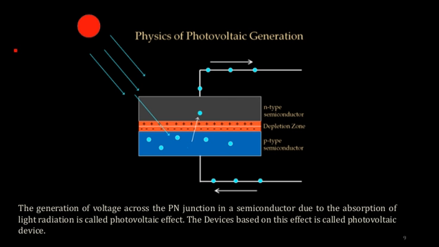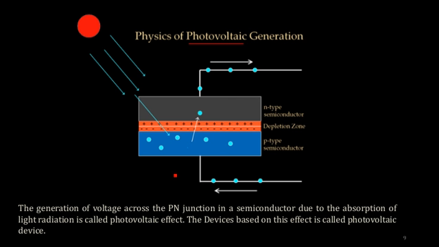In a photoconductive cell there is no generation of voltage, rather the resistance is reduced. It's a passive element. But in a photovoltaic cell, a photovoltage is generated. You have a voltage generated, and that voltage depends on the intensity of light that is falling, or the amount of absorption of radiation that falls on the junction.